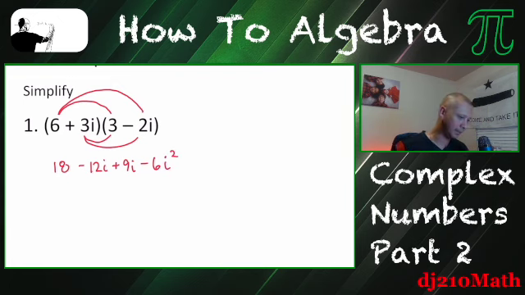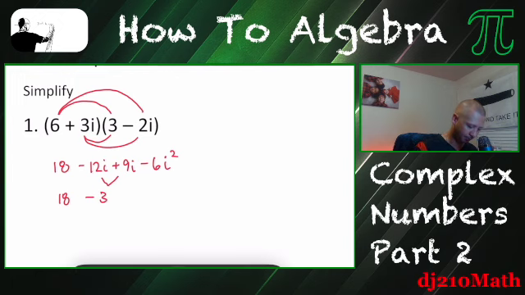All right, combining like terms, -12i plus 9i is going to be -3i. And then let's note that i squared is really -1.